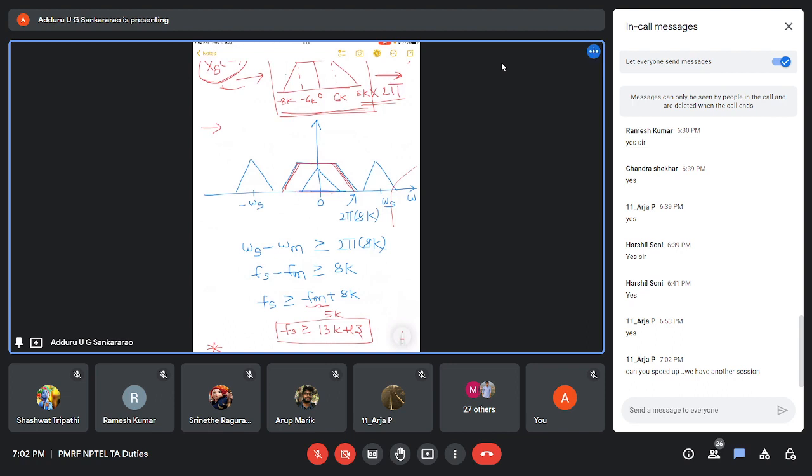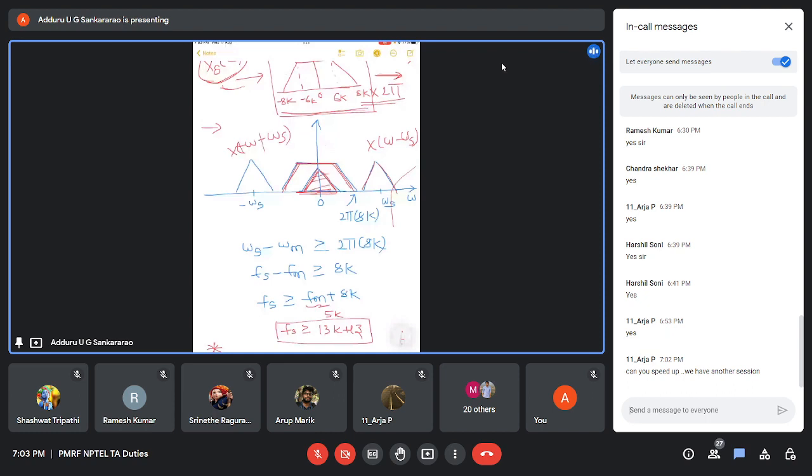And the shifted copies, x of omega minus omega s and x of omega plus omega s, should be outside of the filter. Then only we will get x of omega, and all the others can be avoided.